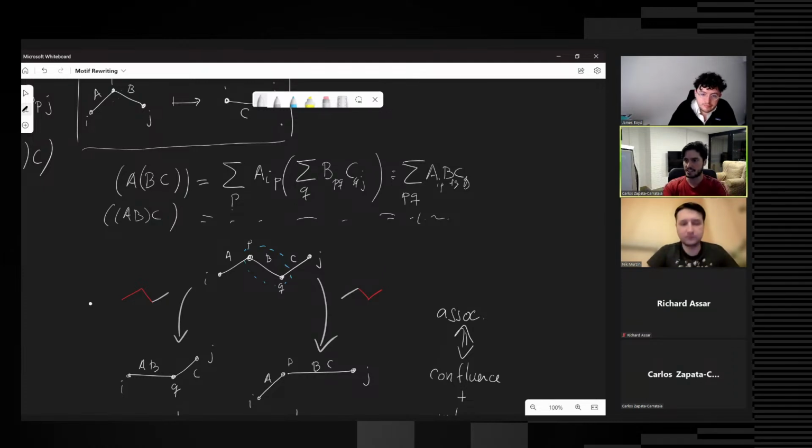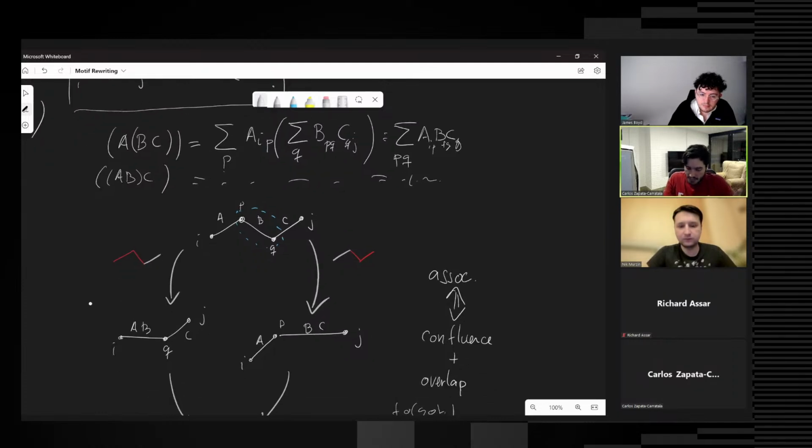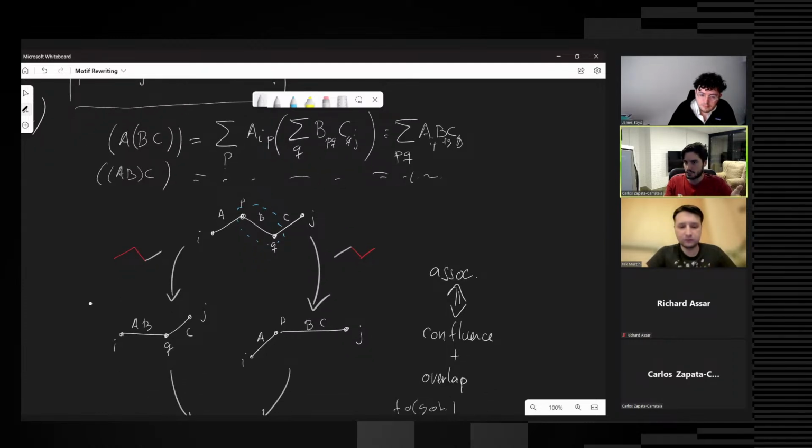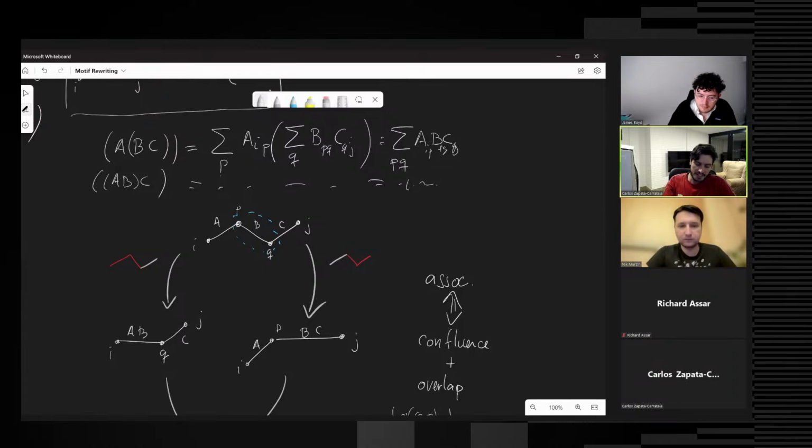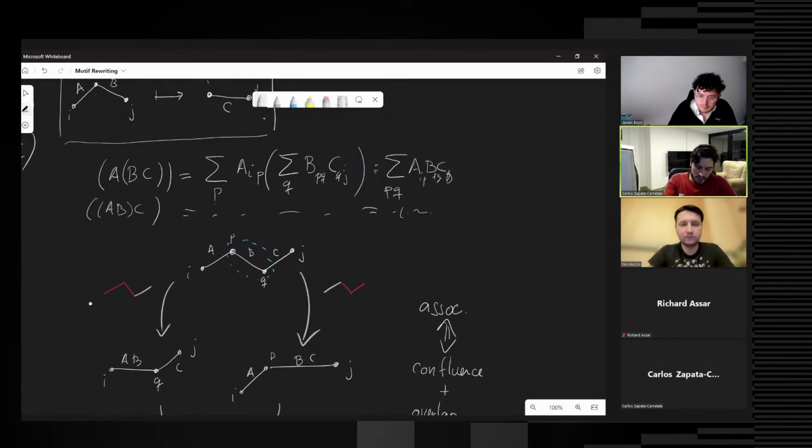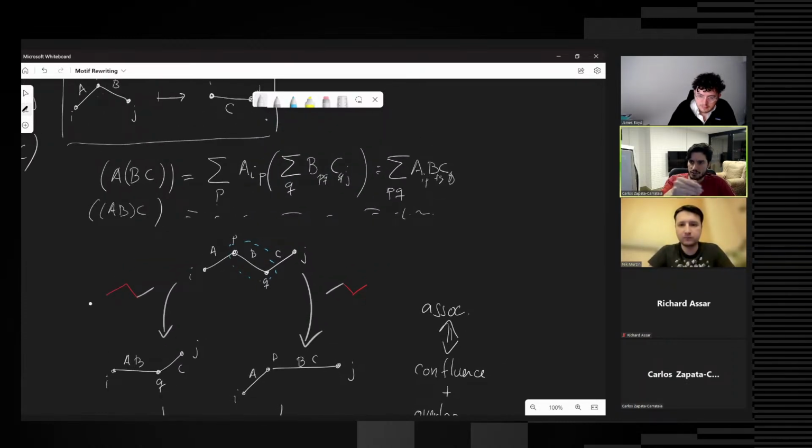Like we never lose sight of our objective. It might be that the treatment of algebra is insufficient when just dealing with the usual compositionality of algebra, right? Meaning that if you just write things down in some kind of composition of A and B and C, that might not give you the full picture.